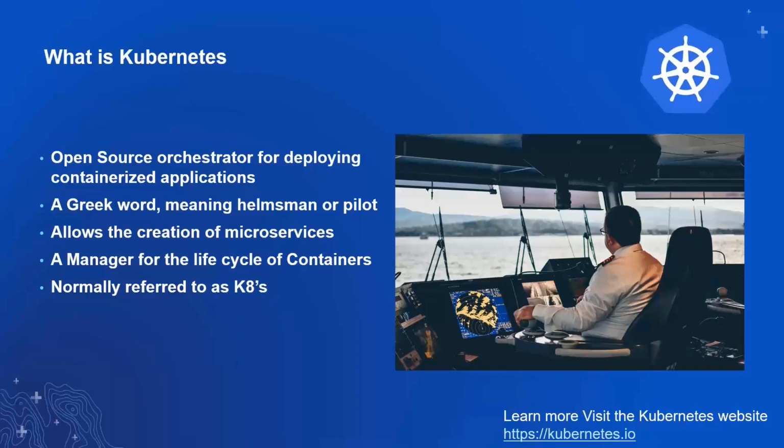The approach to using microservices is new and used to easily scale and develop on. Kubernetes is used to manage the life cycle of the containers, allowing easy creation and destruction of them as well. And just a useful fact here, Kubernetes is usually referred to as K8s.